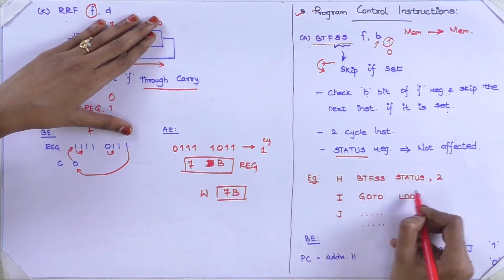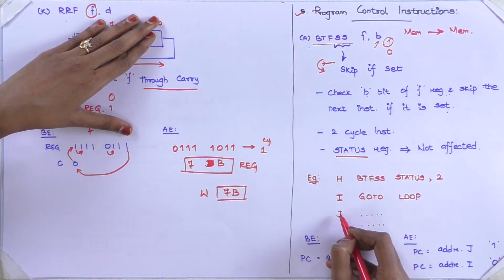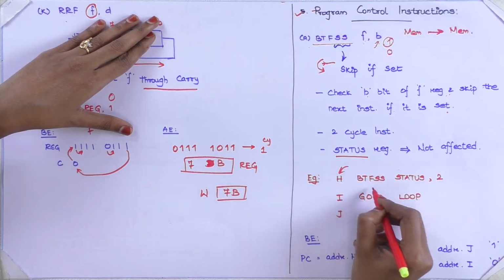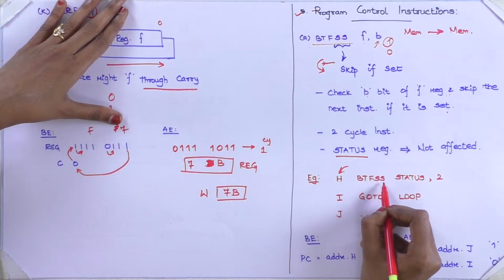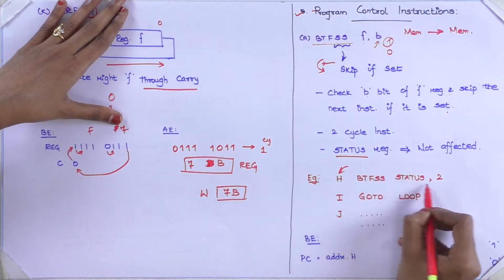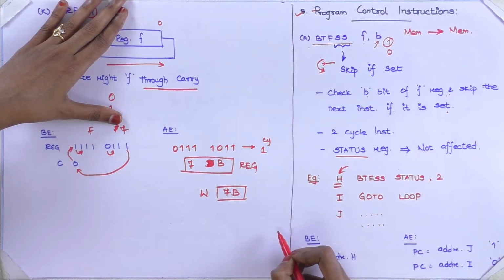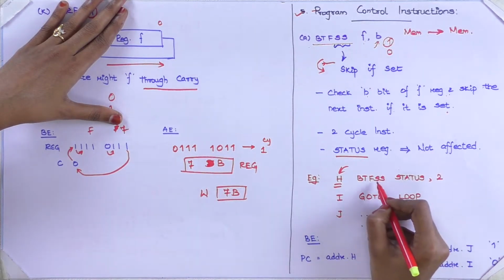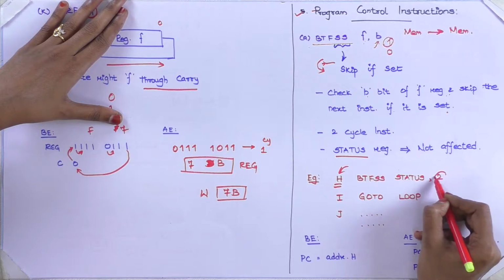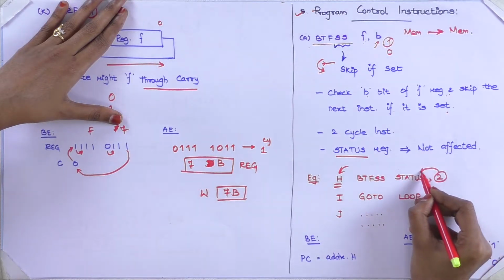These are all the instructions, and H, I, J are the addresses of these particular instructions. So BTFSS status comma 2, this instruction is stored in address H. This instruction is supposed to check bit number 2 of the status register.